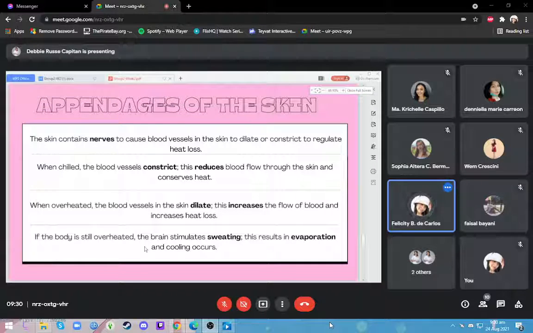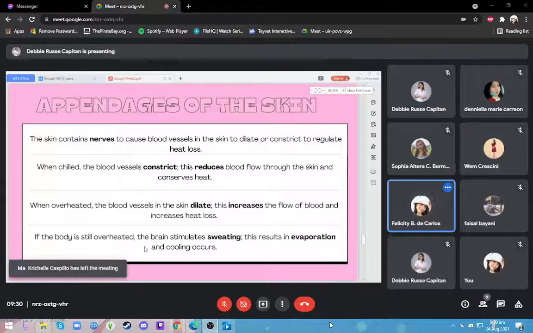Number 3, when overheated, the blood vessels in the skin blank. Our answer is dilate. This increases the flow of blood and increases heat loss. Number 4, if the body is still overheated, the brain stimulates blank. Our answer is sweating, and this results in evaporation and cooling occurs.